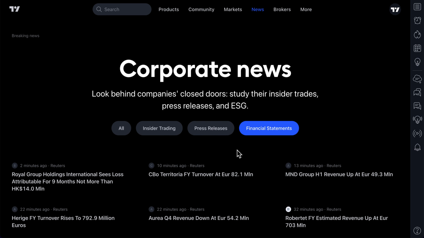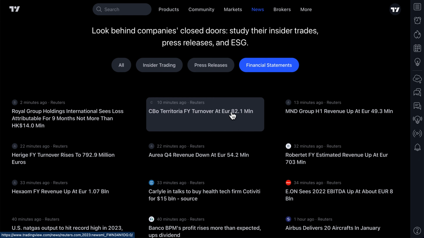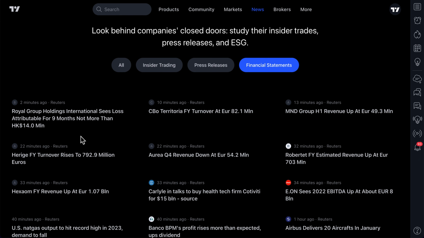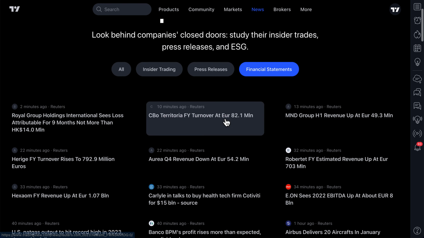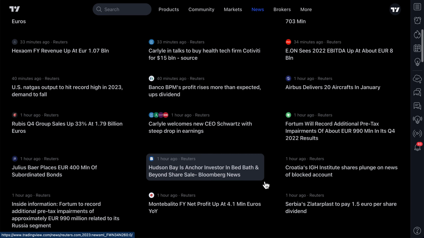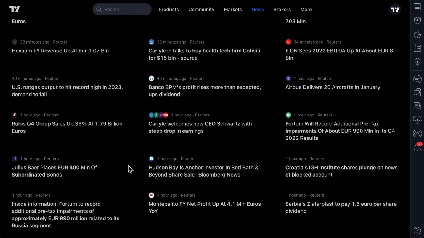Lastly, there is the financial statements tab, which is going to be financial information coming directly from the company and being published to the financial markets world. So on this financial statements tab, you can quickly see what companies are reporting or saying about the actual financial situation of that company.